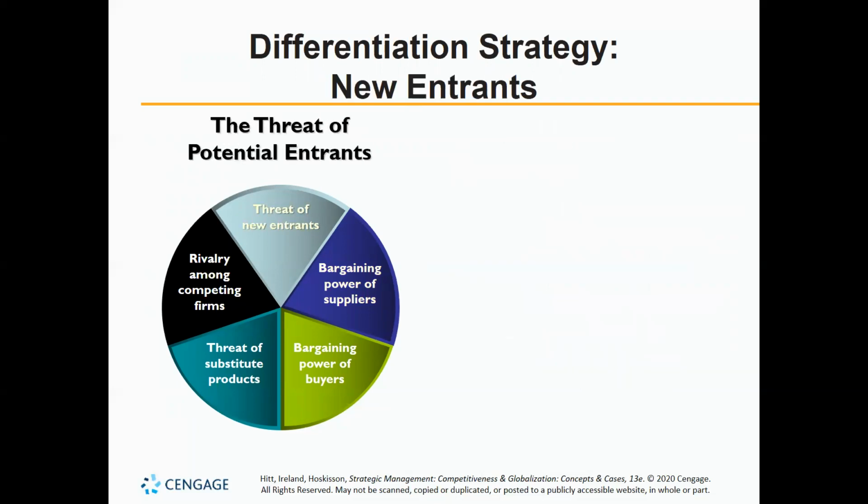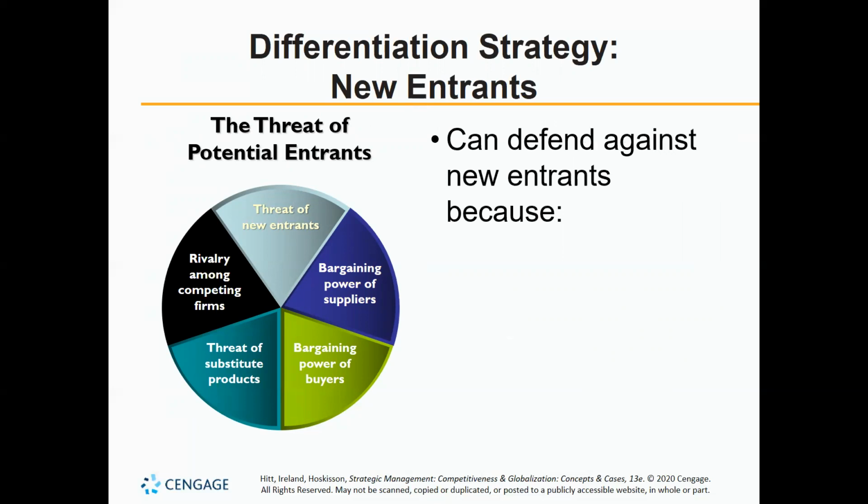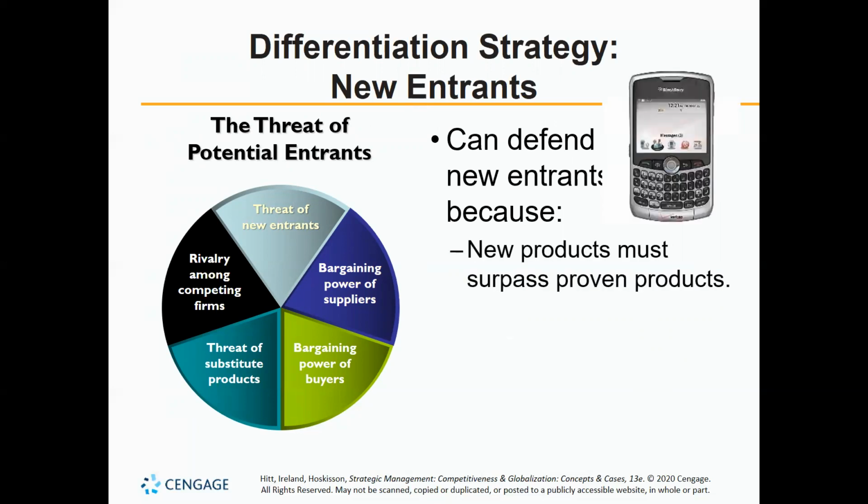We also can consider the threat of potential entrants. A differentiation strategy can defend against new entrants because new products must surpass proven products. We can consider the BlackBerry, the predecessor to the modern smartphone.